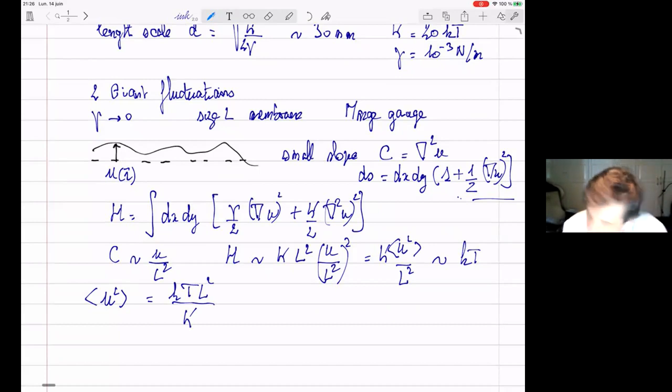If you want to be more precise, you can calculate the amplitude of the fluctuation for a mode q.